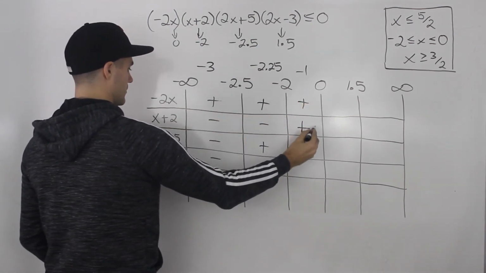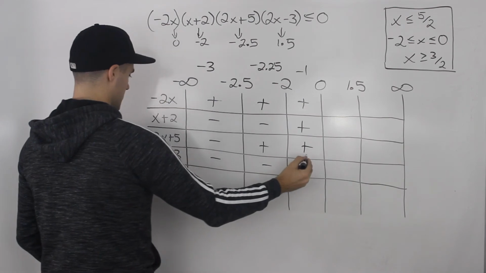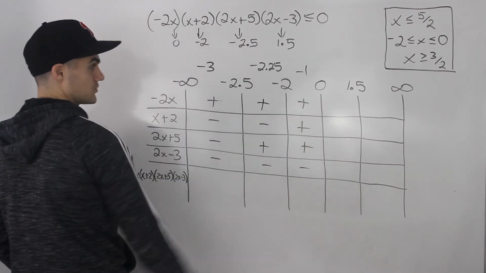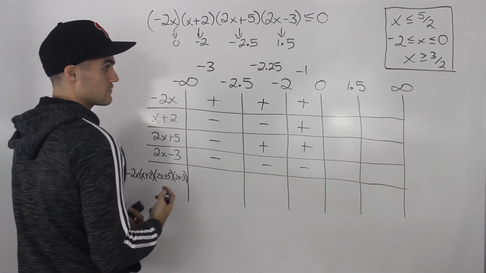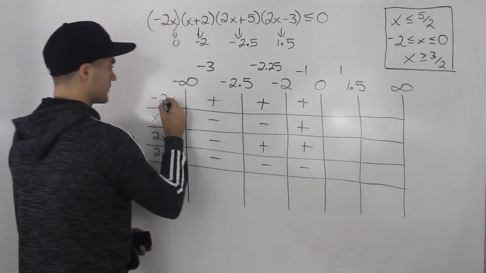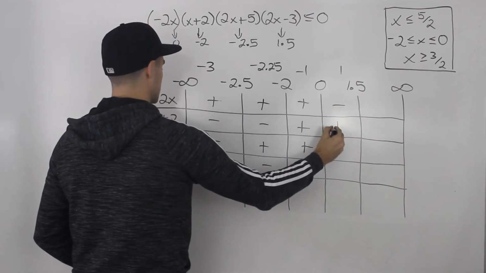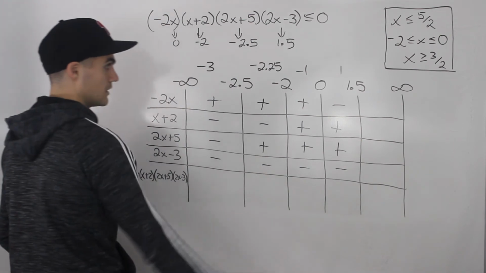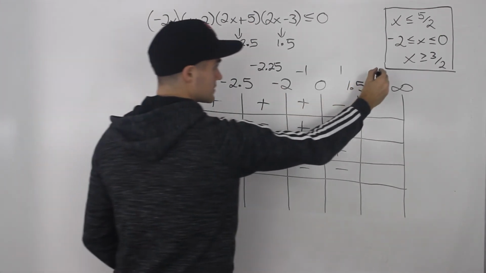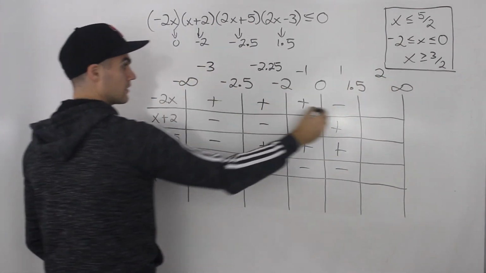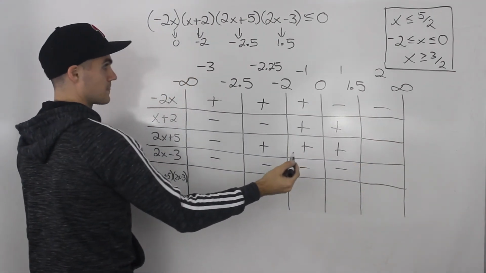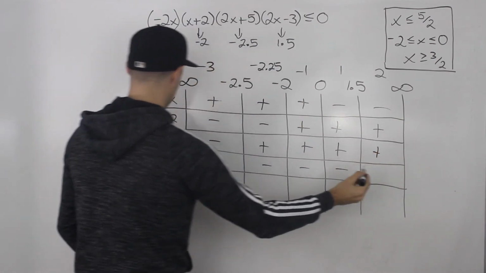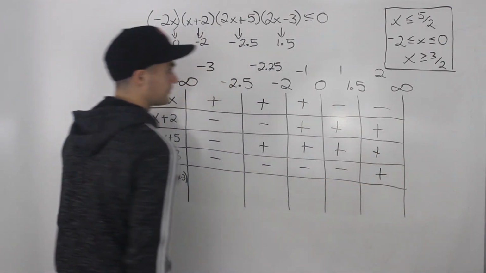Positive, positive, positive, and negative. Between 0 and 1.5, so like +1, plug it in here. Negative, positive, positive, negative. And then between 1.5 and infinity, so like 2, if we plug in 2 here, negative, that would be positive, positive, and that would be positive as well.